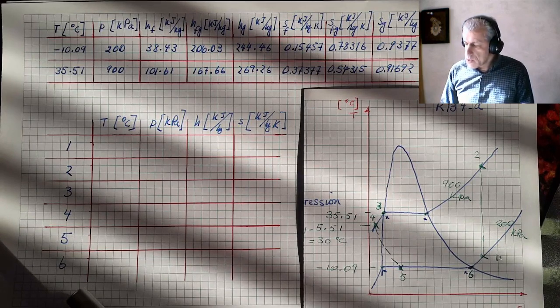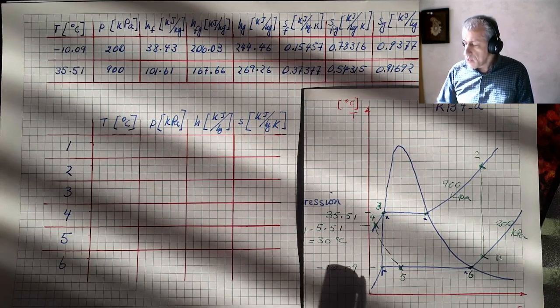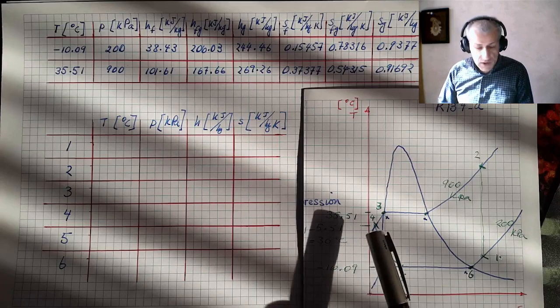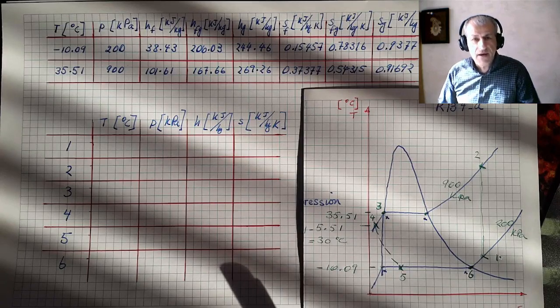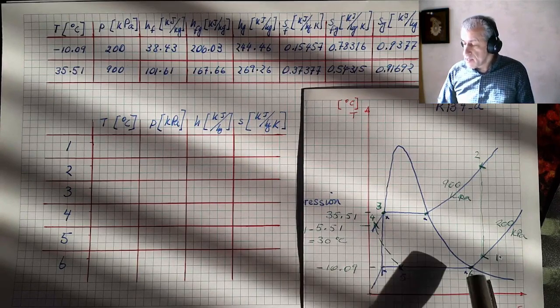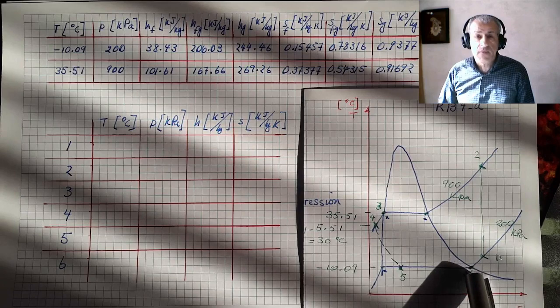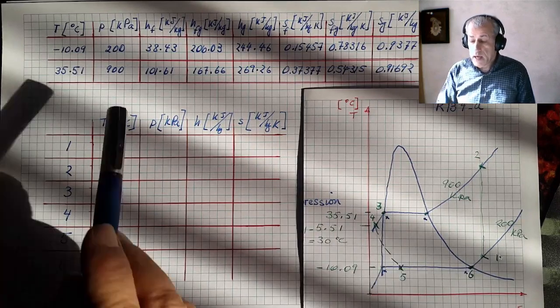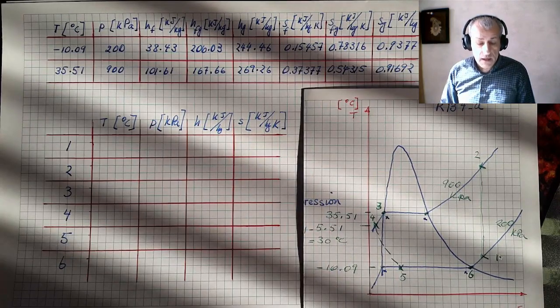Now, just to start with the problem, the easiest way is to look at it from points 6 and 3. These are the 2 points that are very, very easy to read because this one is saturated vapor and point 3 is saturated liquid, and we have all their knowledge from the table above.